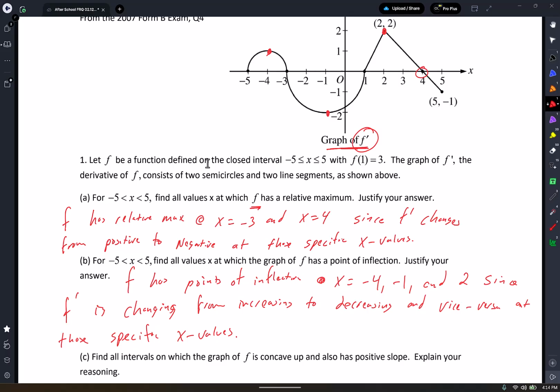Does that make sense, guys? All right, f has a point of inflection at -4, -1, and 2, since f prime is changing from increasing to decreasing, and vice versa at those specific x values.